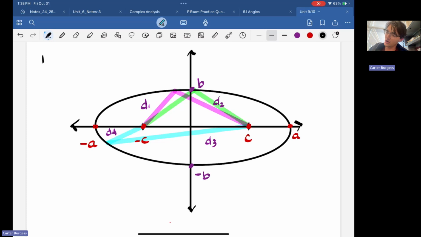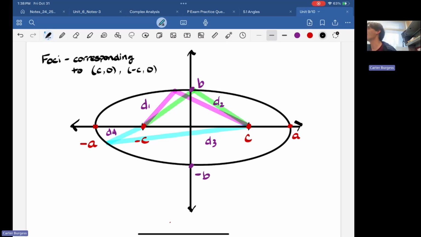These points are called the foci, and these correspond, in this case, to (C, 0) and (negative C, 0). Again, not always, but for this specific ellipse, those 2 points are what we would classify as the foci, which is plural for focus.